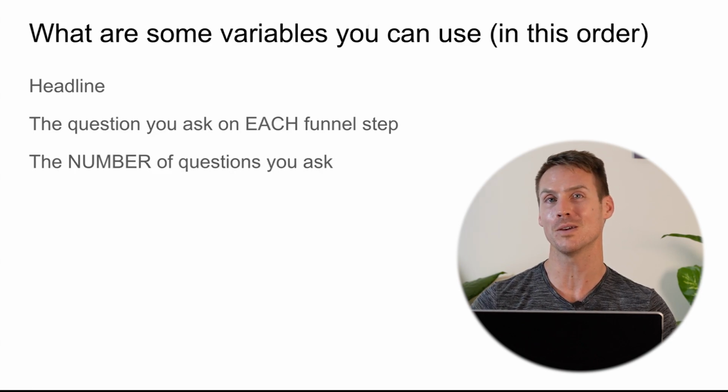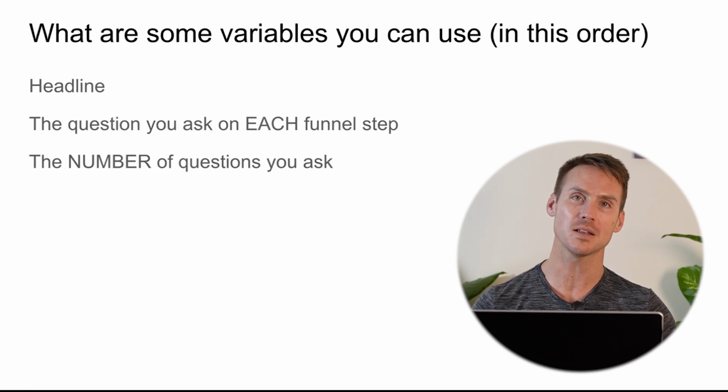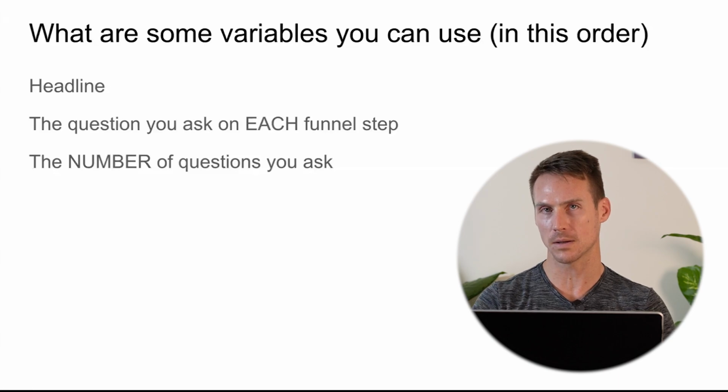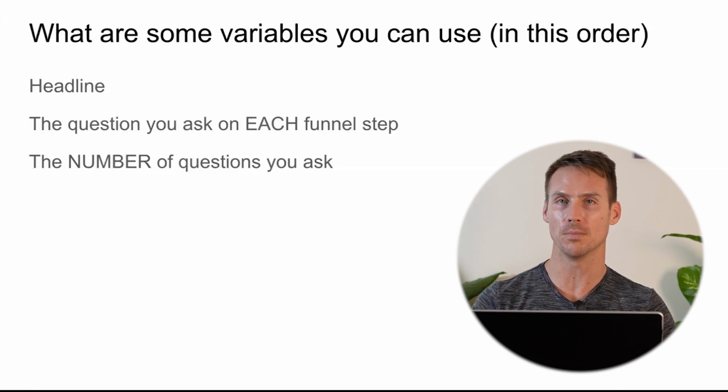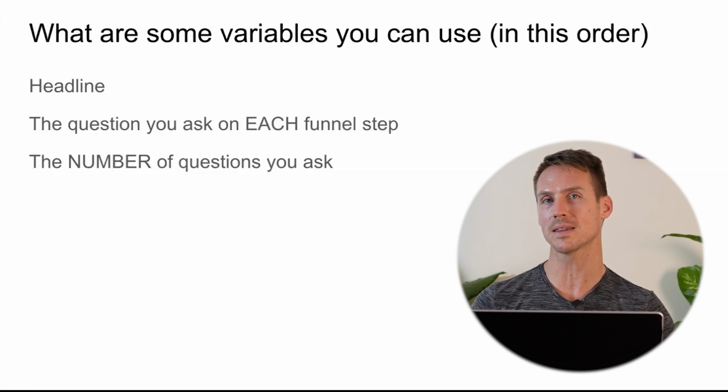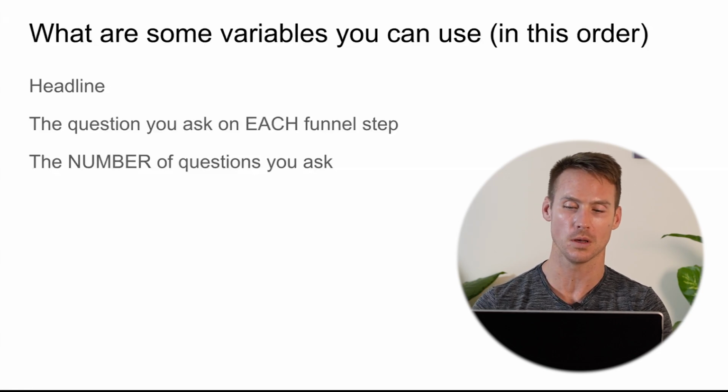In this case, we're going to use the example of a quiz style, which is more traditional for lead gen or pay-per-call, but the same concept can be applied to e-commerce as well. And then last will be the number of questions you ask, how long the funnel is leading up to the page where they can either buy, opt in, or click to call. All of these will have a direct impact on your CPA, or cost per acquisition or action, whatever it is you're measuring.